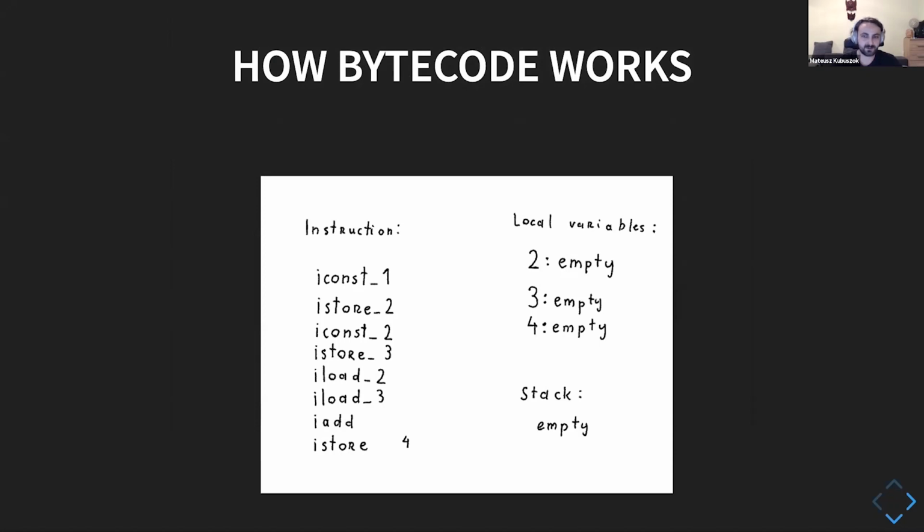The JVM would also remember at which instruction we currently are. It would have local variables, which have no names, only numbers. It's the compiler that maps the names that we are using to those numbers, and internally the bytecode only uses those numbers. And there is also the stack. The stack is a way for the JVM to pass arguments around and to store intermediate results.